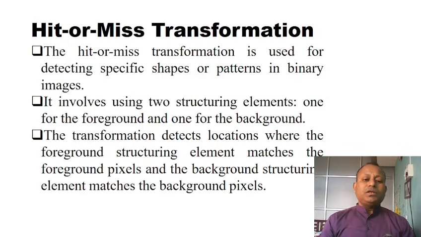Next is the hit-or-miss transformation. What is it used for? It helps in detecting a specific shape or pattern in a binary image. It involves two structuring elements, one for the foreground and one for the background.